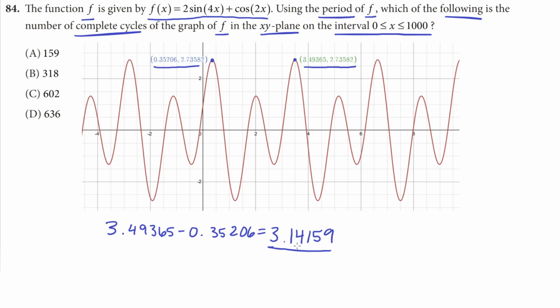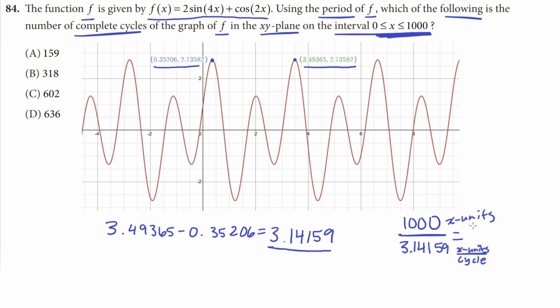So now we know how many x units the graph takes to complete one cycle. And if we're given 1000 x units in this interval, then we just need to divide the total number of x units we're given by the amount of time it takes to complete one cycle. So this is x units, and this is the number of x units per cycle.